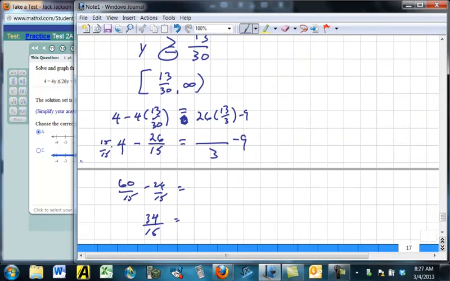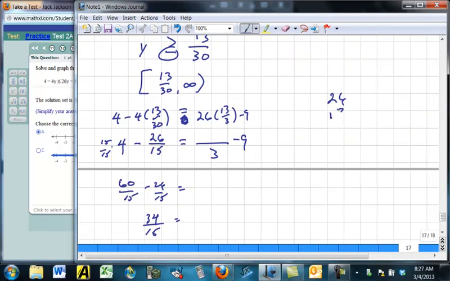Okay, let me just go over here. 26 times 13. 3 times 6 is 18. 3 times 2 is 6 plus that 1 is 7. And then 10 times 26 is 260. Add that together. That's 8, 13, 338.